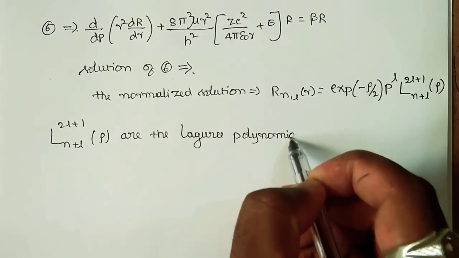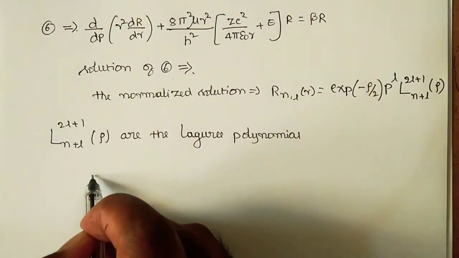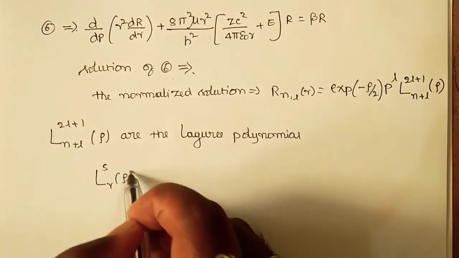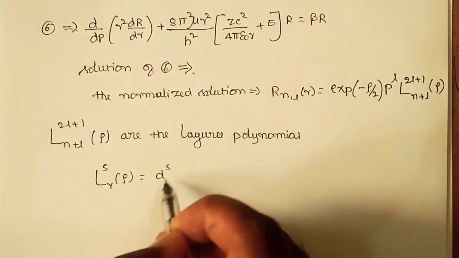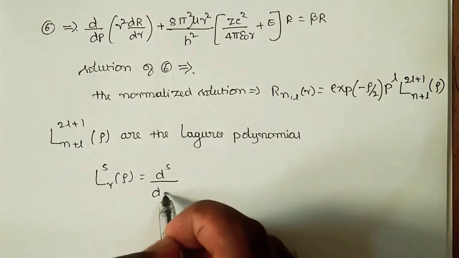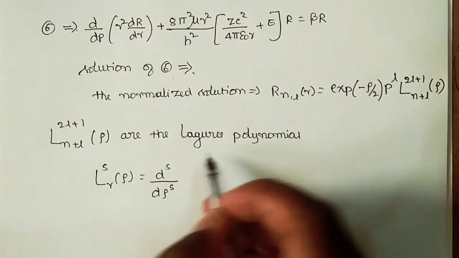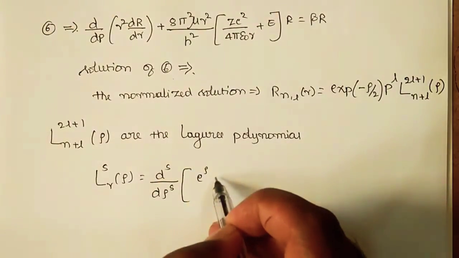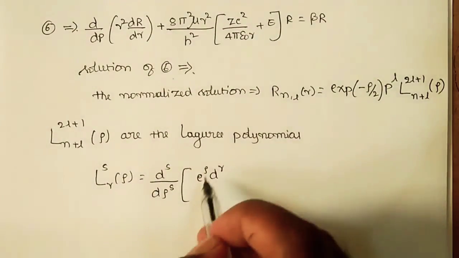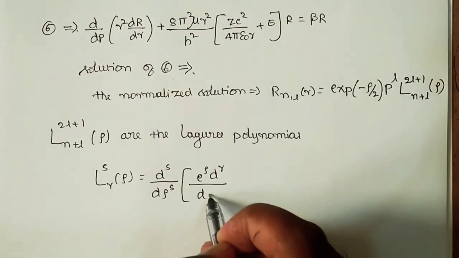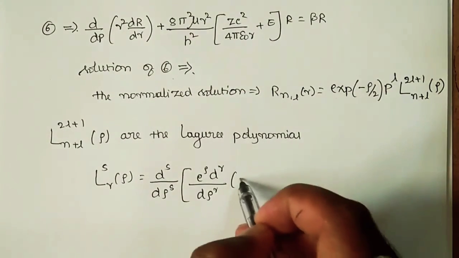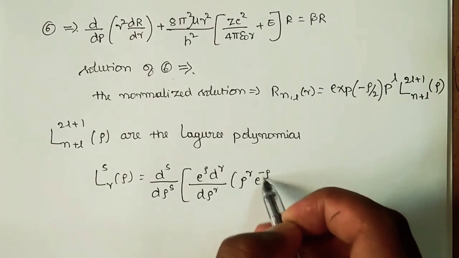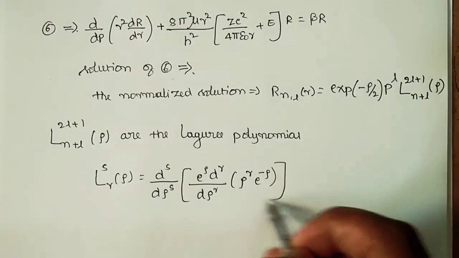It is called Laguerre polynomial, and it is defined as L r s of rho is equals to d s by d rho s of e power rho into d power r by d rho power r of rho power r into e power minus rho.